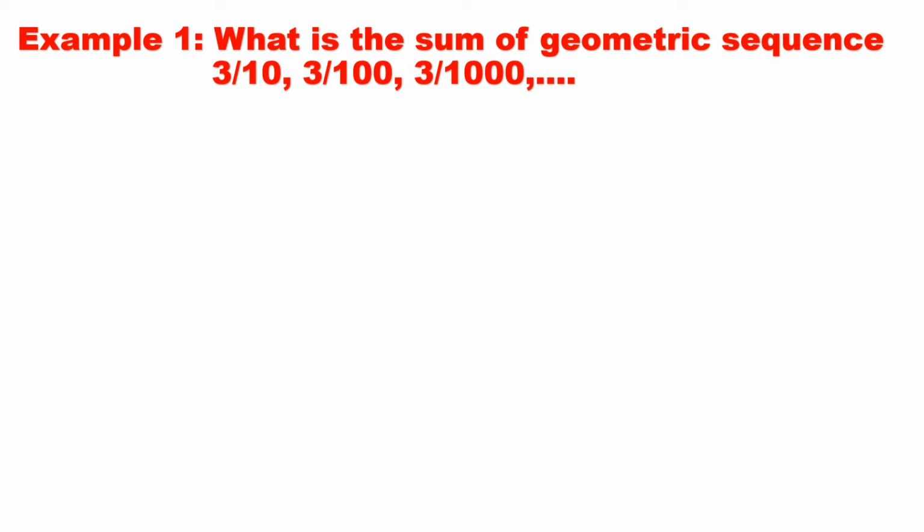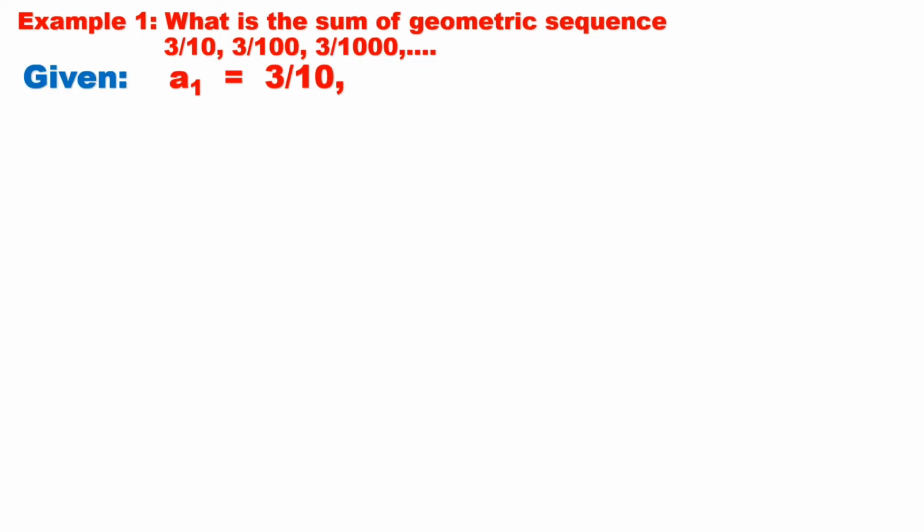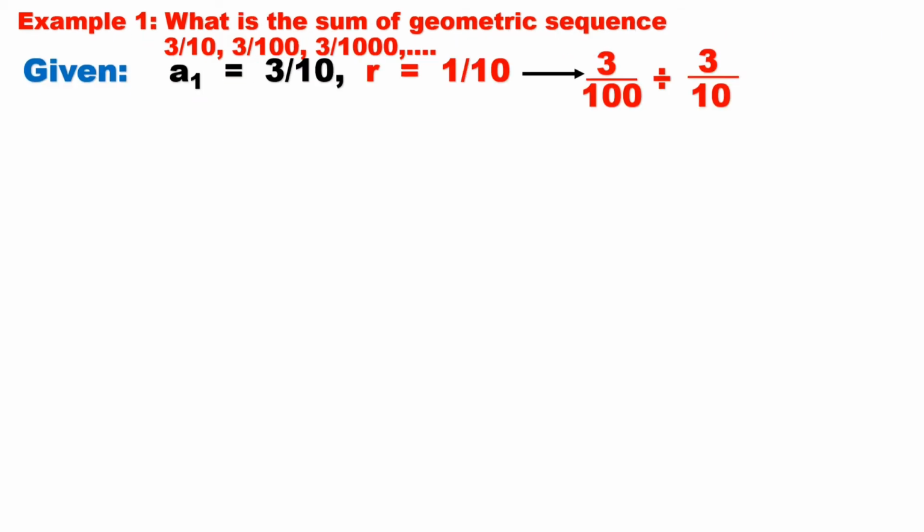What is the sum of the geometric sequence 3 over 10, 3 over 100, 3 over 1000, and so on and so forth? For our givens, a sub 1 or the first term is 3 over 10, and the common ratio is equal to 1 over 10. It came from dividing 3 over 100 by 3 over 10.